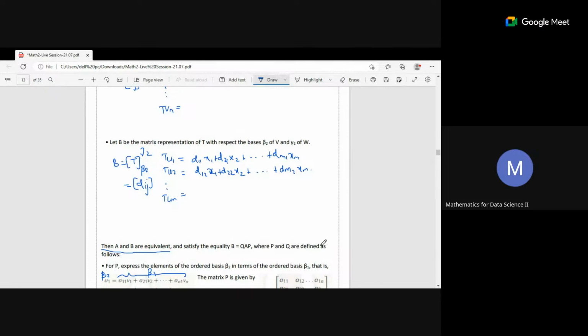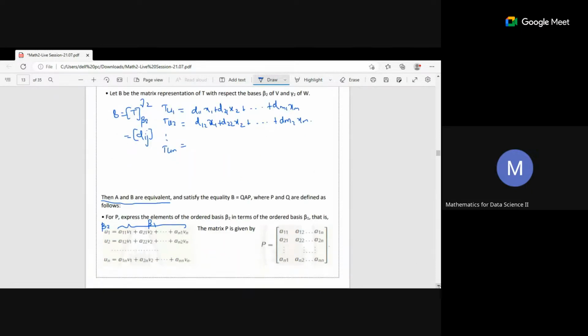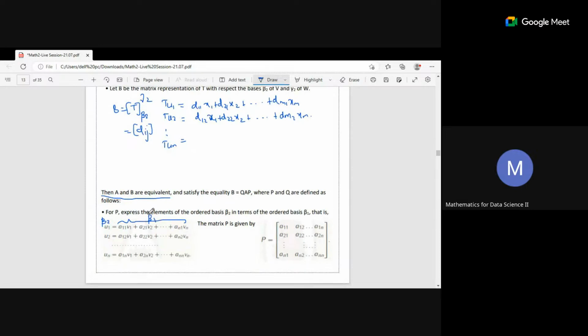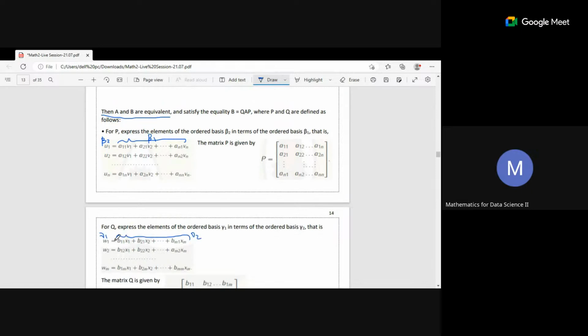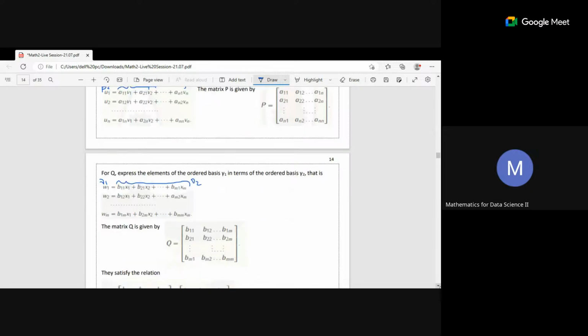So how to find P and Q? For P, you use the bases for the domain, beta 1 and beta 2. You express beta 2 as a linear combination of beta 1. The coefficients give you the matrix P. And the other way around for Q, you express gamma 1 in terms of the elements of gamma 2. Those coefficients give you the matrix Q.